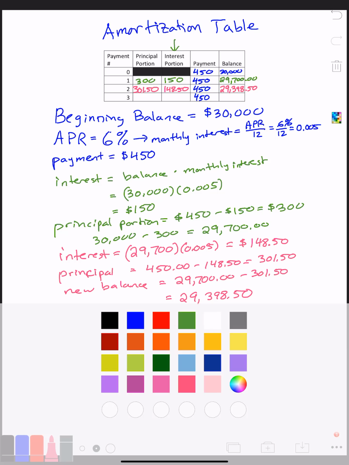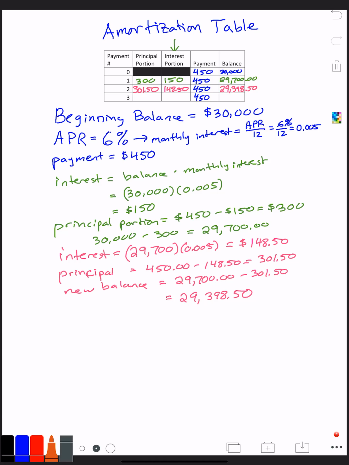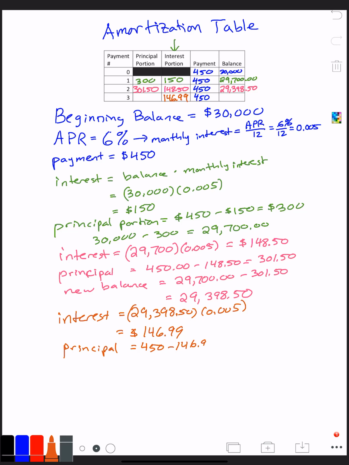We're going to just repeat this one more step here. So we had the previous balance of $29,398.50, and we find our monthly interest rate here. It's going to be $146.99. Put that up here. Then we find out our principal portion, 450 minus 146.99, and that works out to be $303.01.